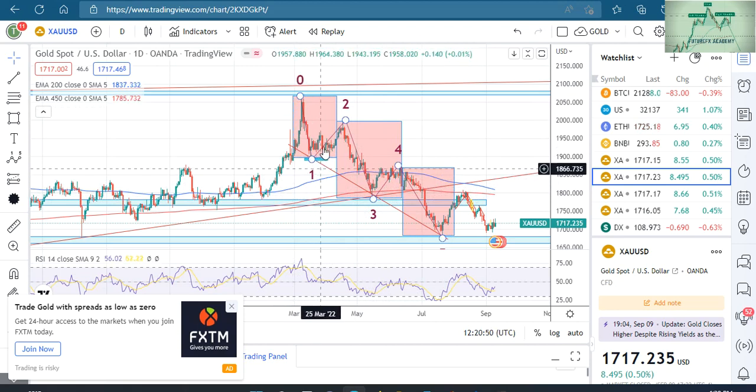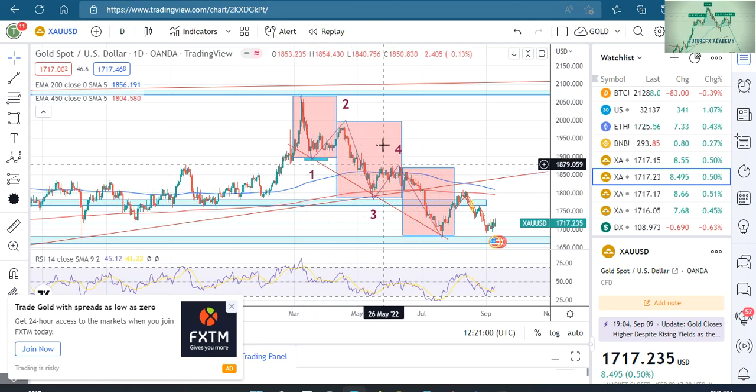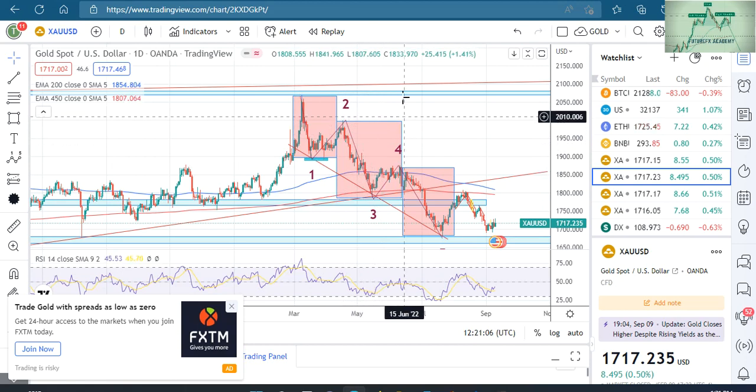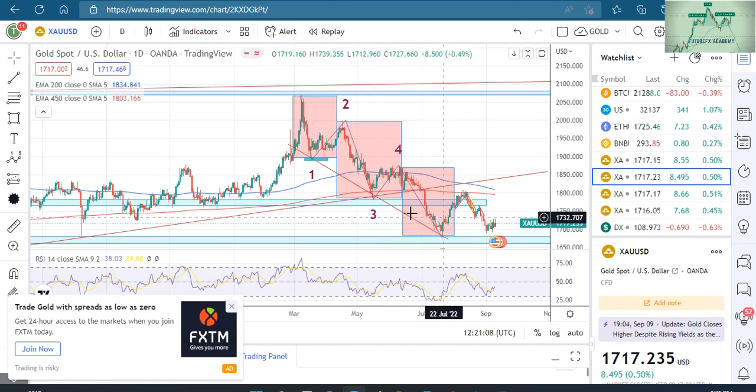According to what we see here, the pullback after the support was sharp, then the pullback of wave four is not as sharp as wave two.